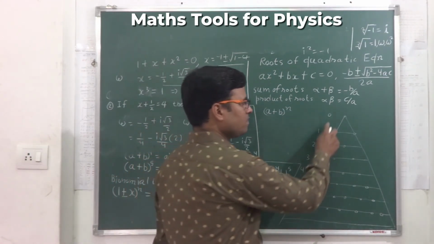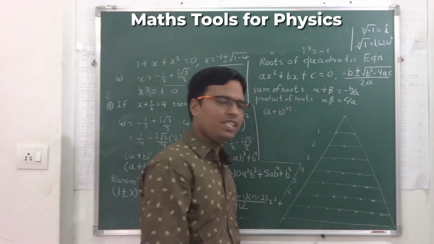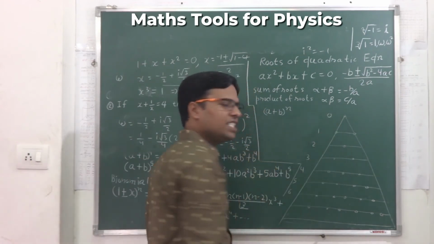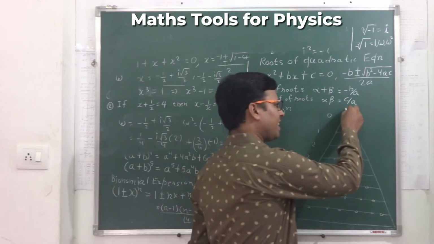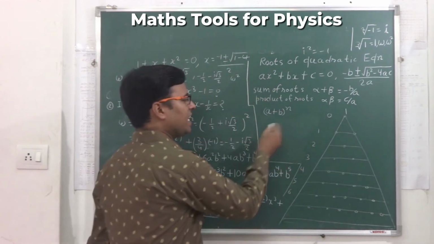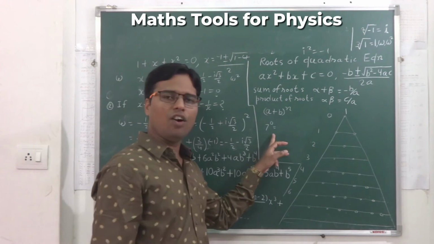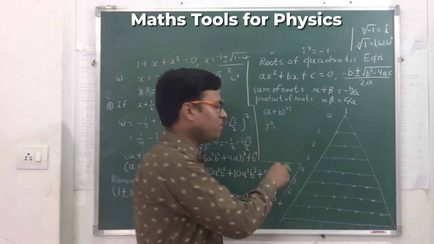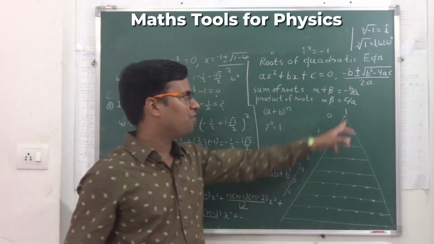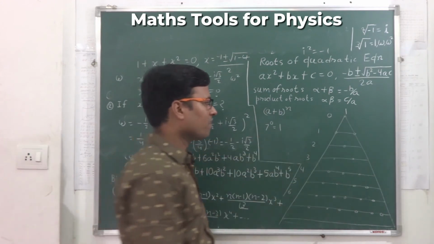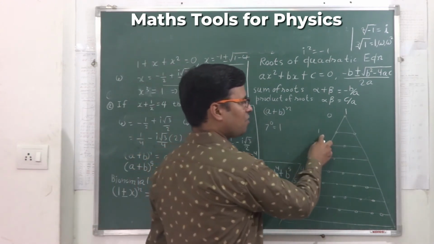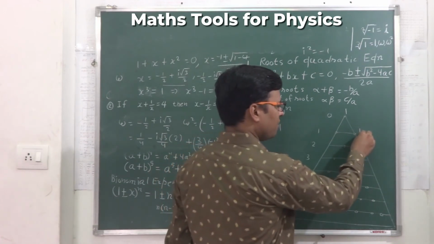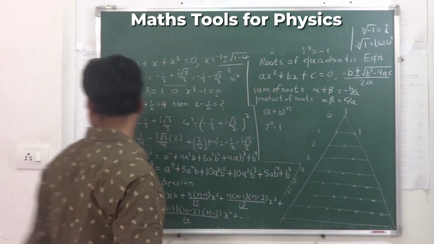If we start from here, n is equal to 0, so we can write 1, because the zeroth power of any non-zero number is equal to 1. So we have put 1 here.